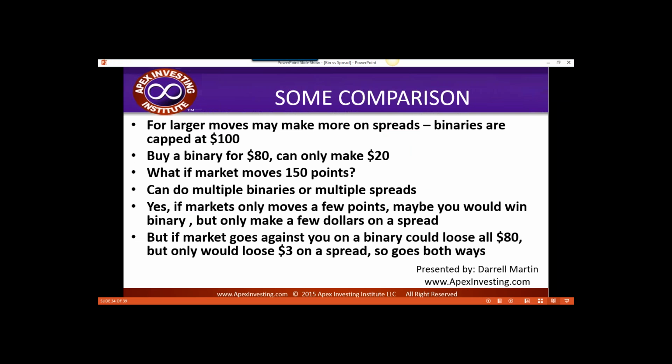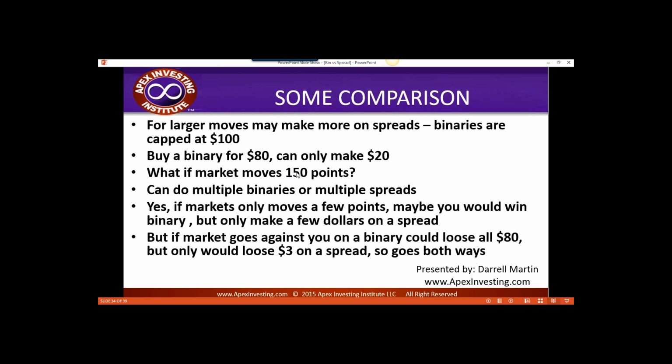Because what if your strategy or system's telling you the market's going up? Well, if you buy a binary for 80 bucks, the most you can make is 20 bucks. If the market moves up 150 points, you still can only make 20 bucks on that binary. But if you had a spread that had 100 or 200 points till the ceiling, you'd make a lot more money on the spread.